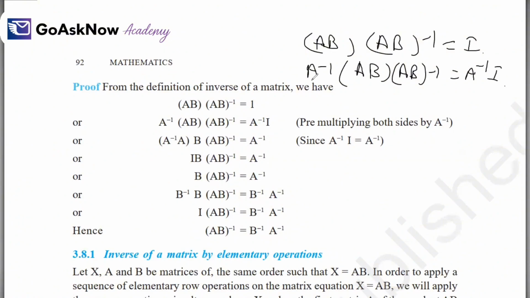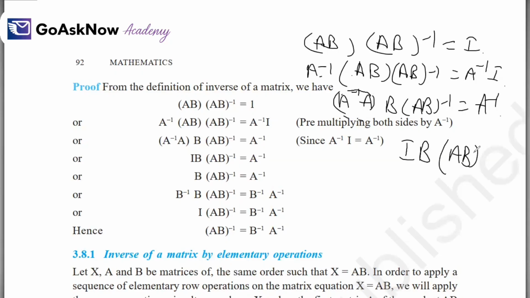So you can write it like A inverse A, into B and (AB) inverse, that is equal to A inverse only. This A inverse A is I, so I into B into (AB) inverse equals A inverse.